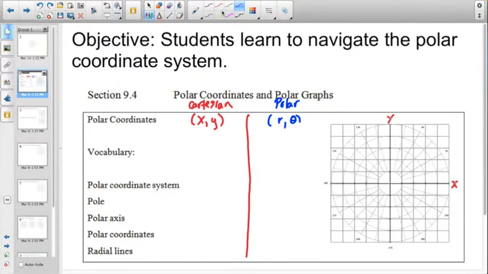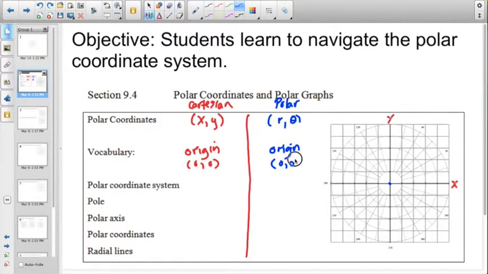So in the Cartesian system, we have the origin, which is 0 comma 0. In the polar system, we still call that the origin, and that is a radius of 0 at an angle of, well, if we have a radius of 0, that means we're here and we're not going out from that point at all. So we could really put in any theta.